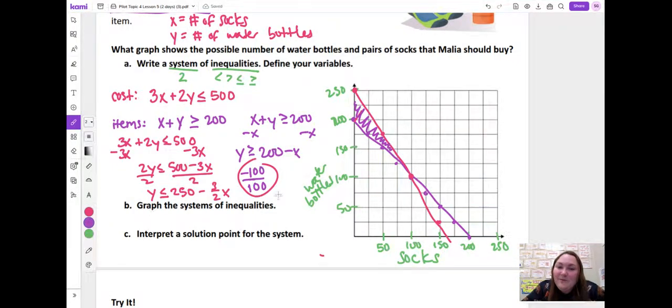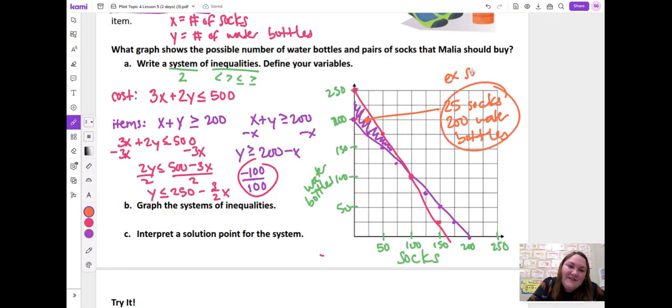So for example, what's a possible combination she could buy? Maybe she wants to buy this point right here. That would be 25 pairs of socks and 200 water bottles. That's an example of a solution to this system of inequalities.